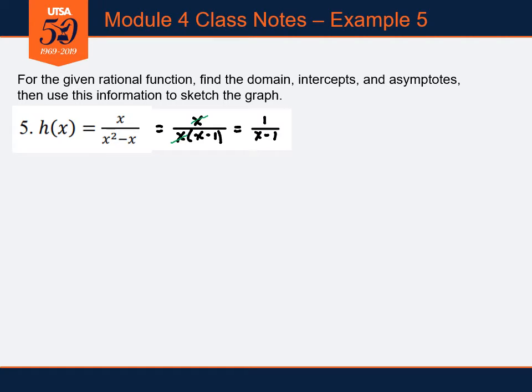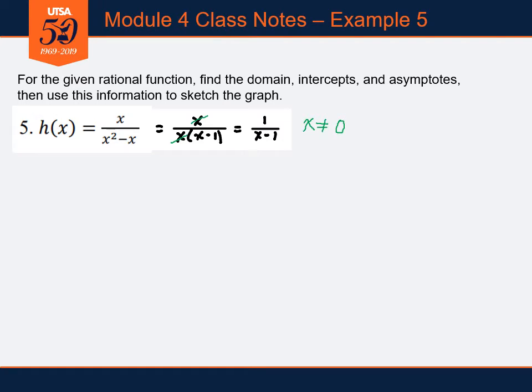First of all, it's important to note that even though we've reduced that fraction down to 1 over x minus 1, it's still true that the original function had an x factor in the denominator, so it's still the case that x cannot equal 0.